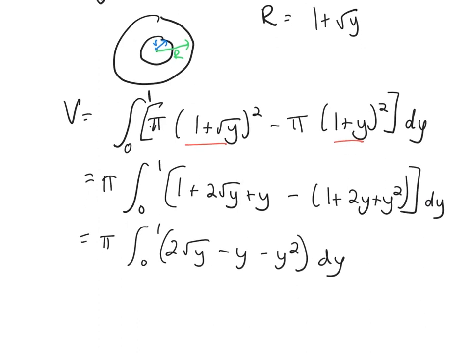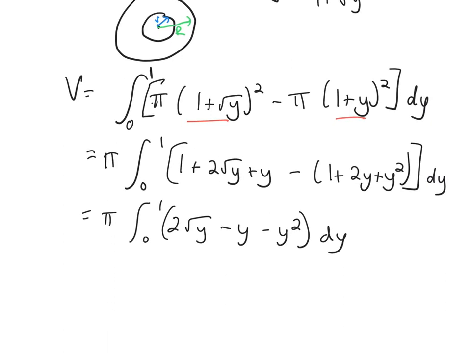And at this point, you just do reverse power rule for all of these. So you add 1 to the power. What do you get when you integrate y to the 1/2?